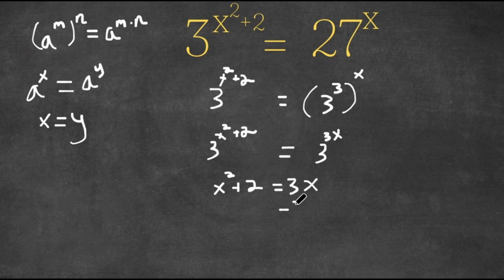So now if I subtract 3x on both sides, I get x squared minus 3x plus 2 equals 0.